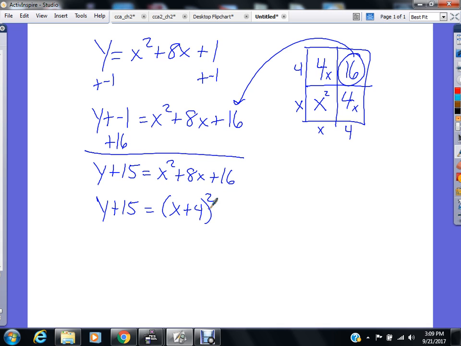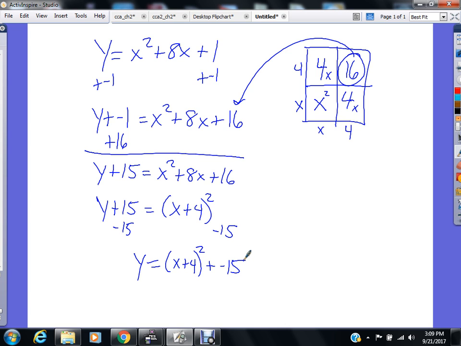Right? Because x plus 4 times x plus 4 is x plus 4, that quantity squared. And so now to finish this, I would add a negative 15 to both sides. And I have y is equal to x plus 4 squared plus a negative 15.